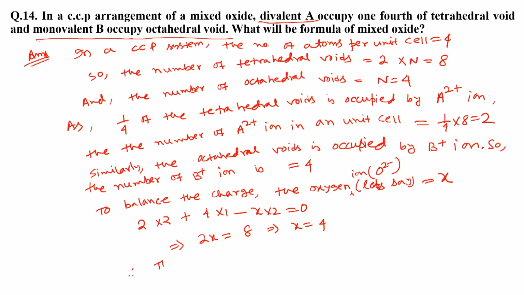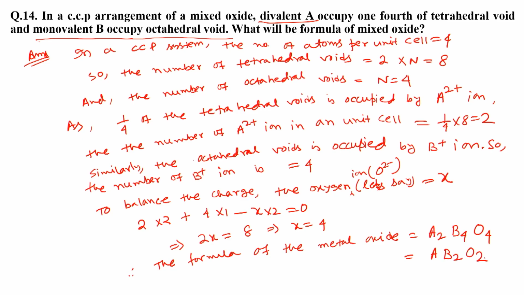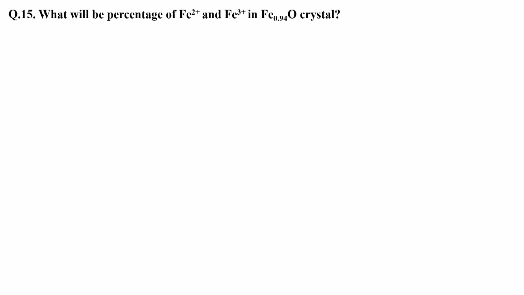Therefore, the formula of the metal oxide will be A2B4O4, that is AB2O2. This was an interesting problem.